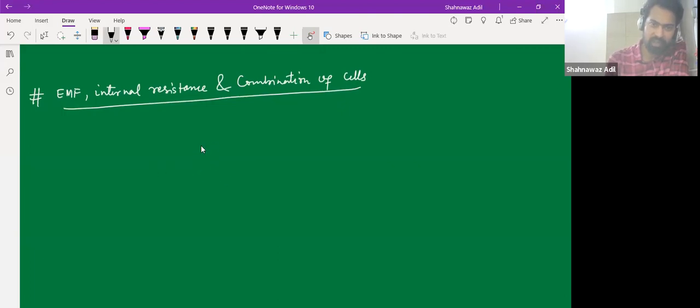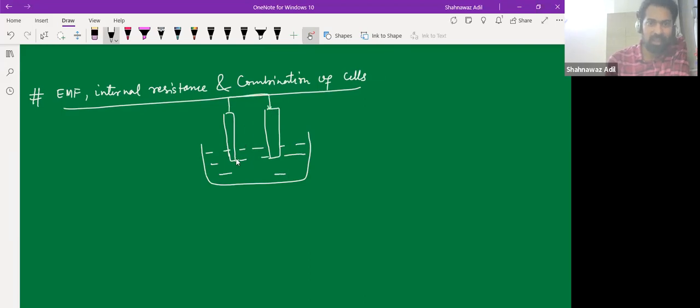We have a cell, right? And we have these electrodes, and then this is the electrolyte, and then we connect these two. So then we'll get a supply which will create some EMF.